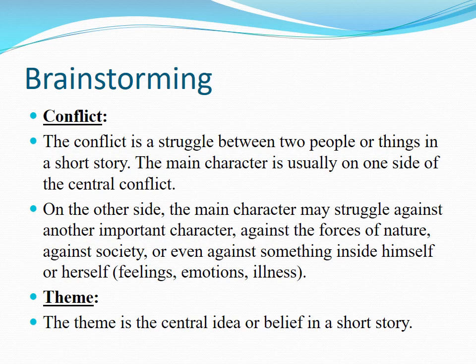The next important element is theme, that is an idea in a story. The last element is resolution, which means the problem faced by characters is resolved. It's not compulsory that every story ends at a happy or sad ending.